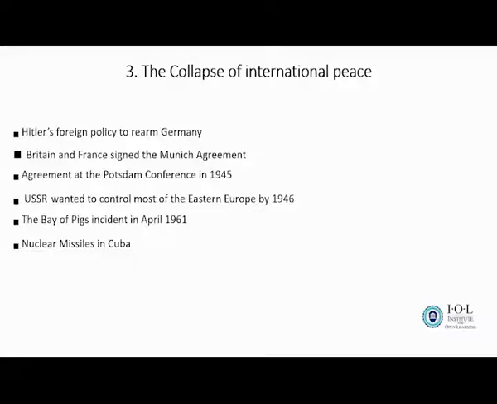While they were there, they decided to divide Germany into 4 zones amongst themselves. So Germany was divided among 4 powers.